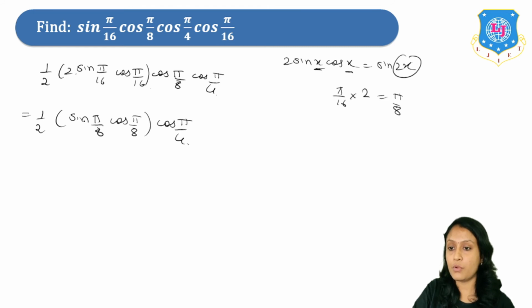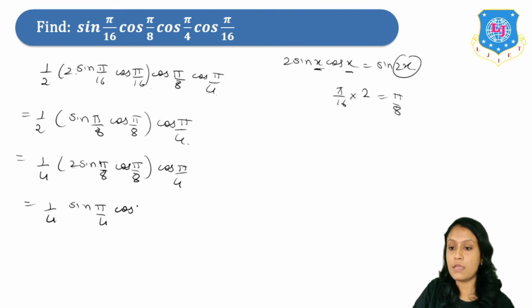Again we'll multiply and divide by 2, so we will get 1 upon 4, 2 sine pi by 8 cos pi by 8, and here cos pi by 4. Now we know 2 sine x cos x means sine 2x, right? So from this we will get 1 upon 4 here sine pi by 4 cos pi by 4.